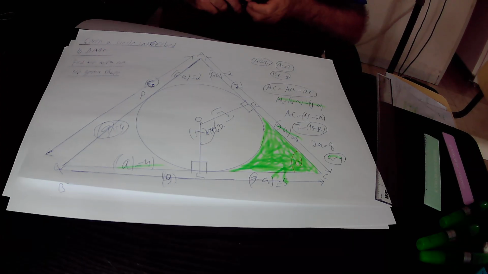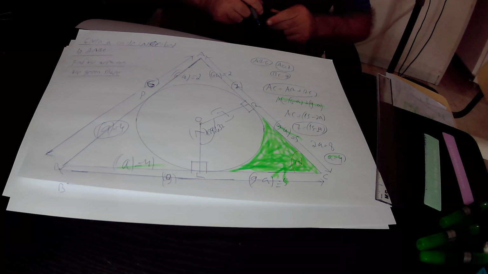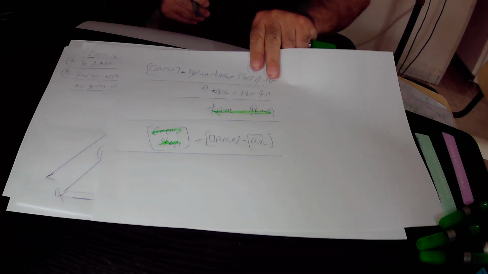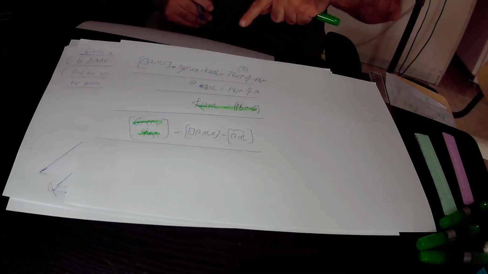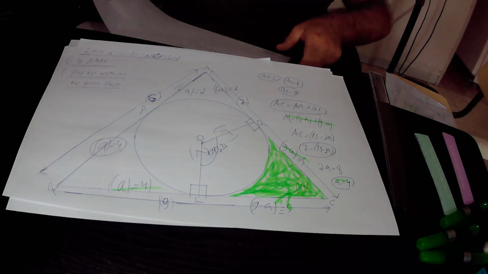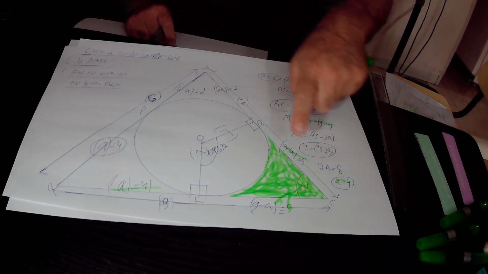So again, we found that the area of the green shape in total equals the area of quadrilateral QOLC minus the area of sector QOL. In the next step, we'll join points O and C together by a straight line.